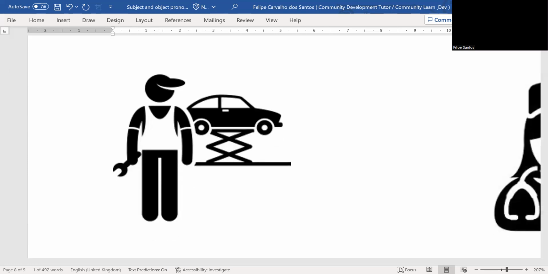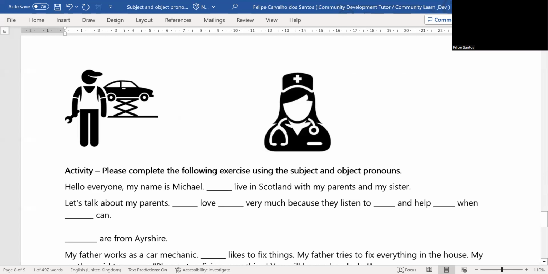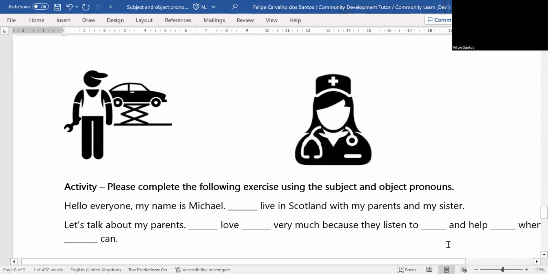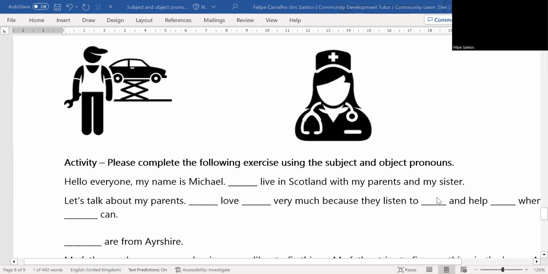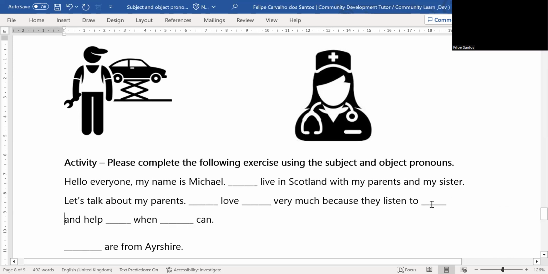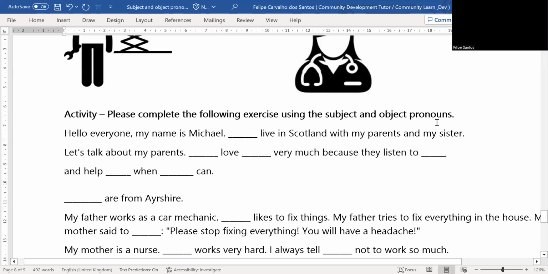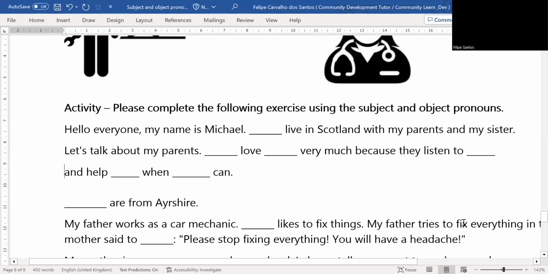All right. So what we're going to do in this example here, what I would like you to do is to have a look at this example. Let me just zoom in a little bit.